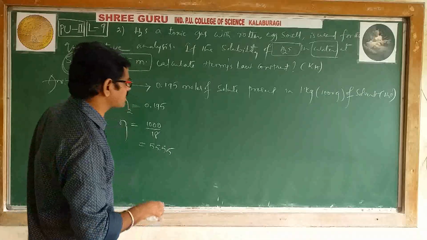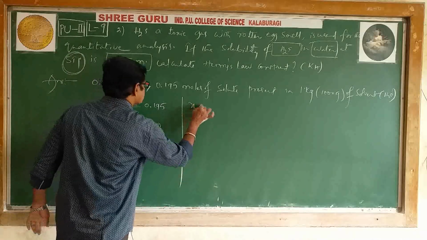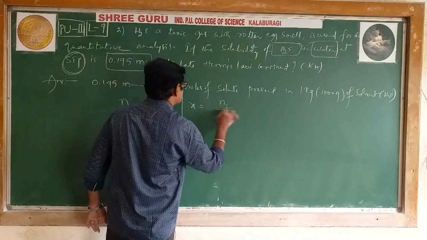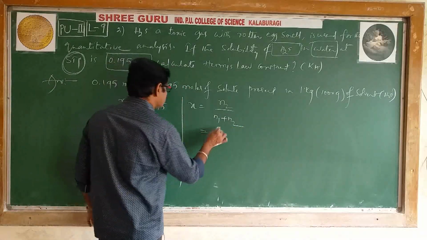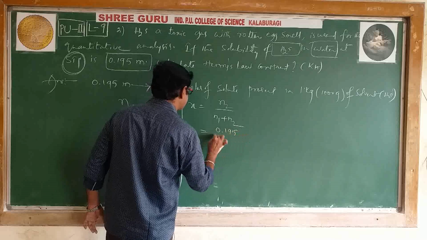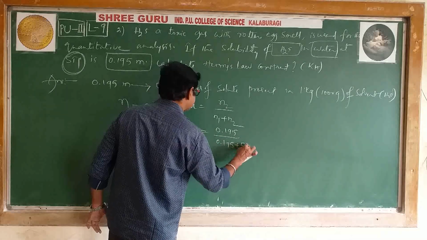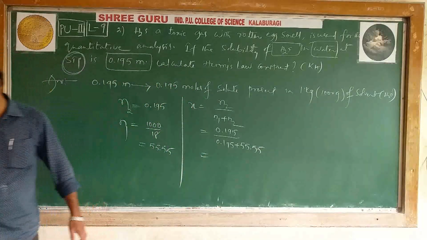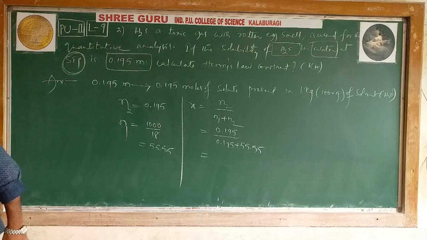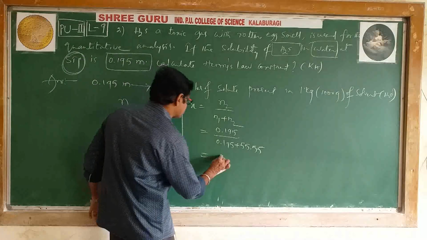The mole fraction X equals N2 divided by N1 plus N2, that is 0.195 divided by 0.195 plus 55.55, and the mole fraction value you will get is 3.5 into 10 to the power of minus 3.